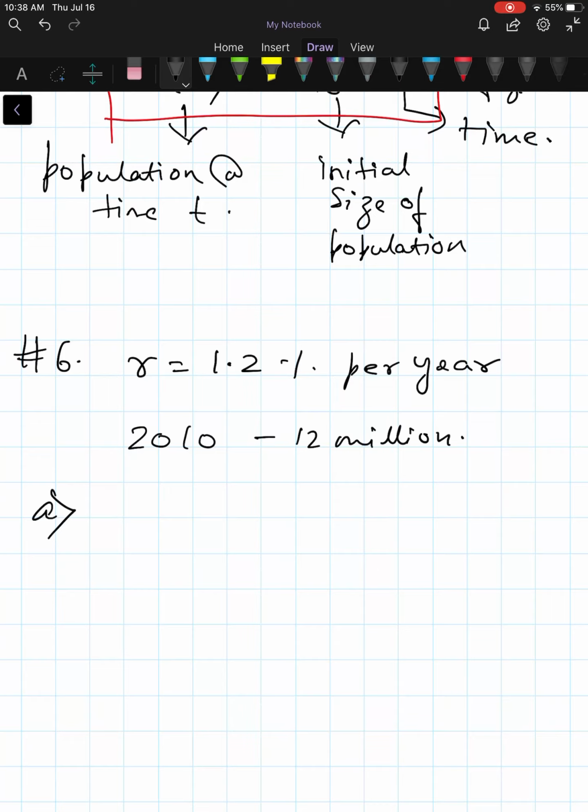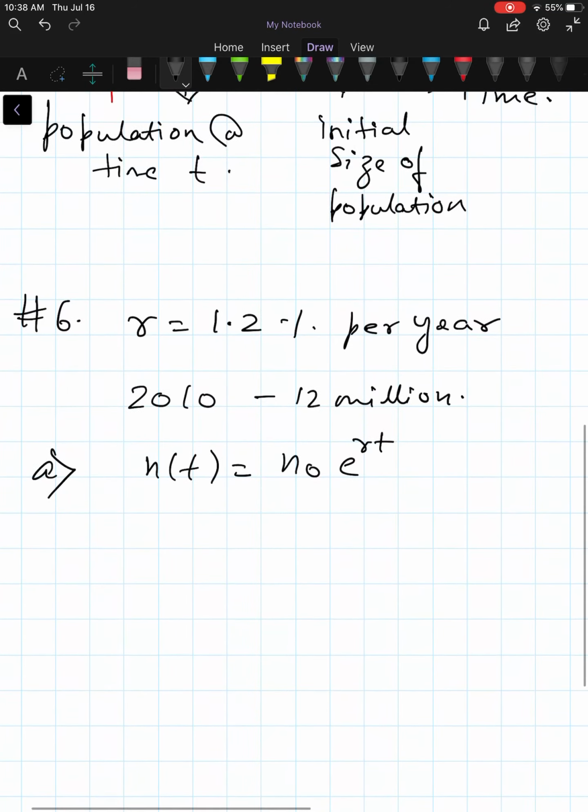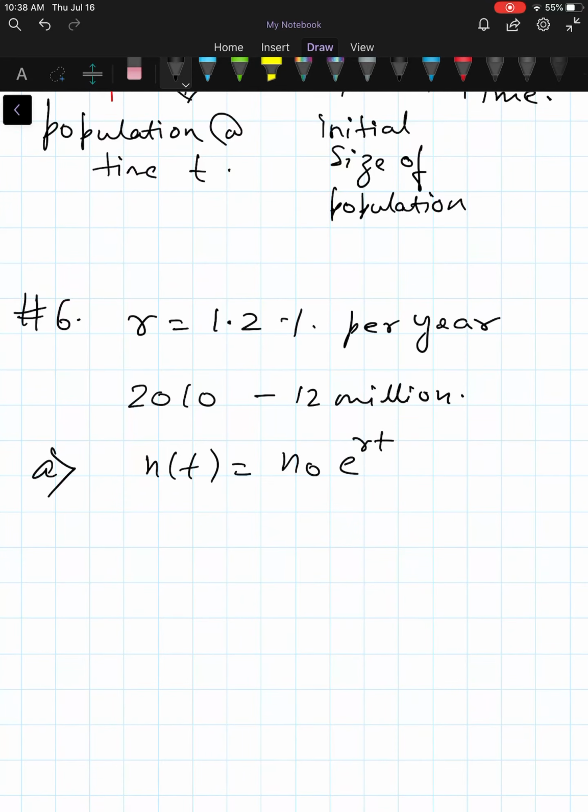Find an exponential model N of t equal to N naught times e to the power of rt for the population t years after 2010. So for the population after 2010, you have to find out what would be the model.